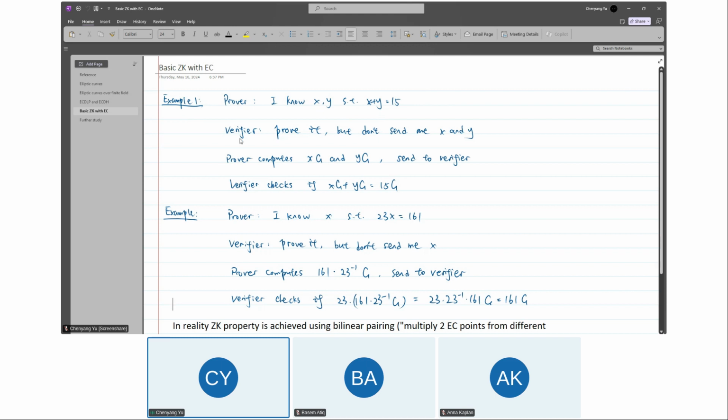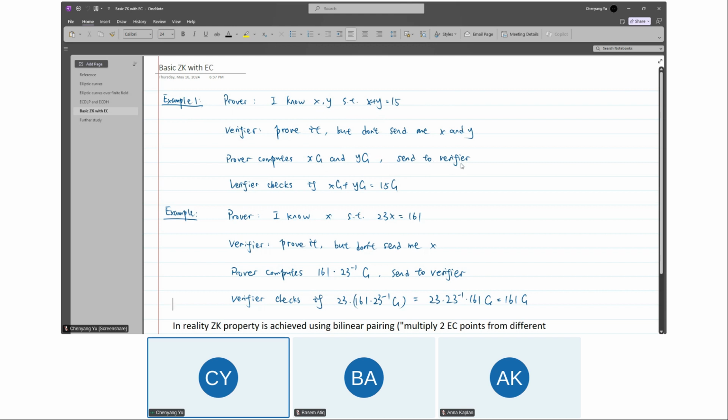So I have a prover and a verifier. The verifier wants the prover to prove it, but without sending x and y, because we are trying to achieve the zero knowledge property here. So what we can do is compute xG and yG. This is just a scalar multiplication over a finite field, and send it to the verifier.